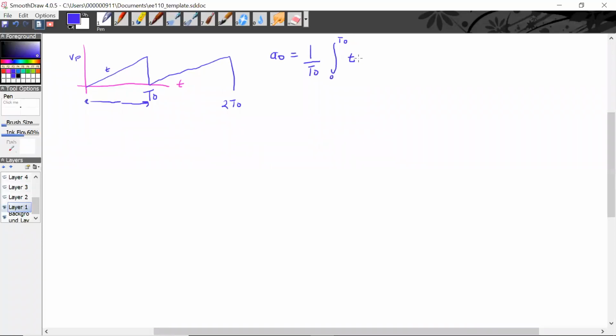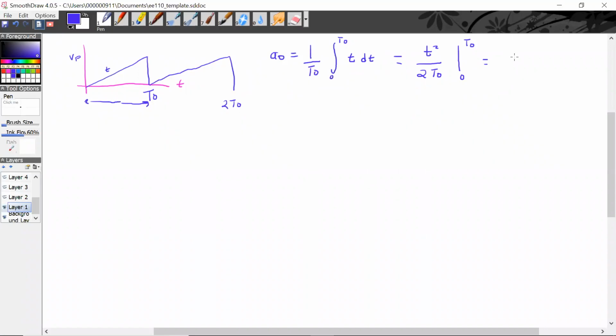So we have t dt. The antiderivative is t squared divided by 2 T naught, and we evaluate that at 0 and at T naught.